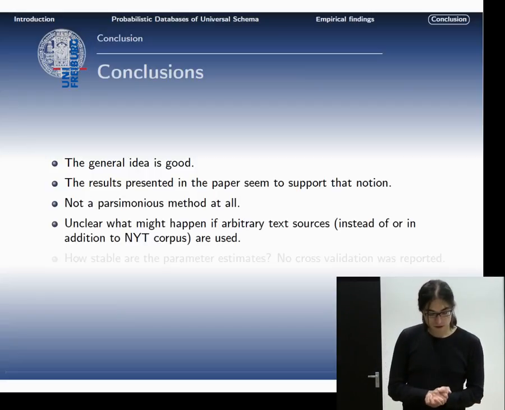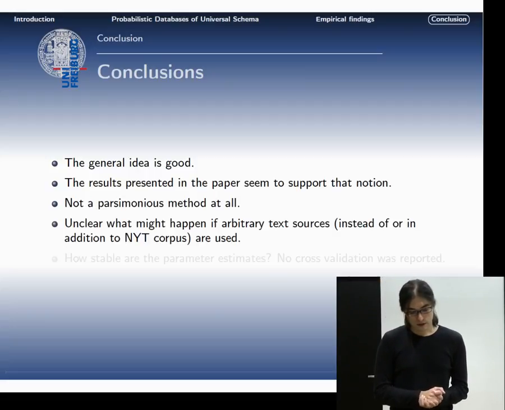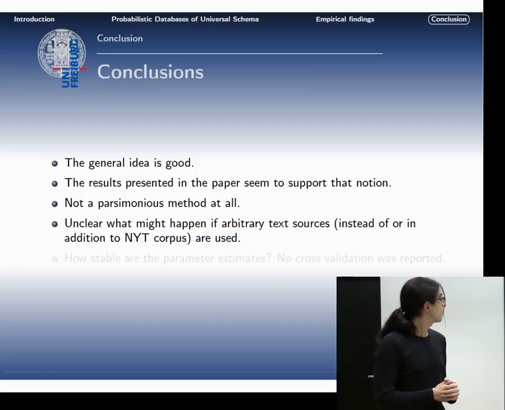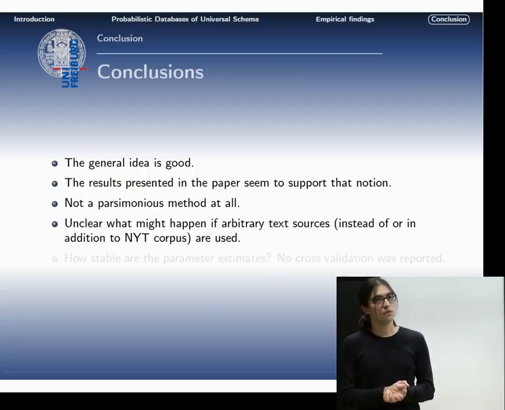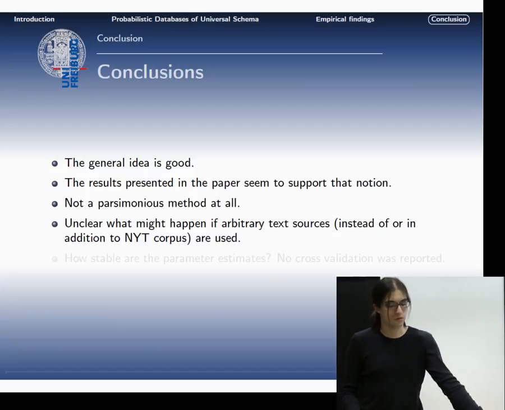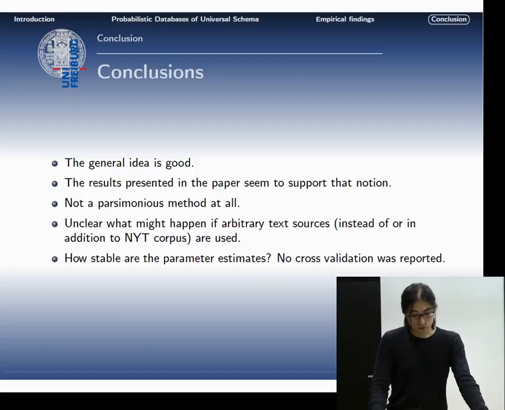And also, I think it is not clear at all what could happen if any text source instead of or in addition to the New York Times corpus is used. I mean, what would happen if we use New York Times and Wikipedia or books or anything at all? There is no mention of this in the paper, and I think it is also not possible to imagine what might be the case just from the results presented, because we have no idea of how stable these estimations really are.